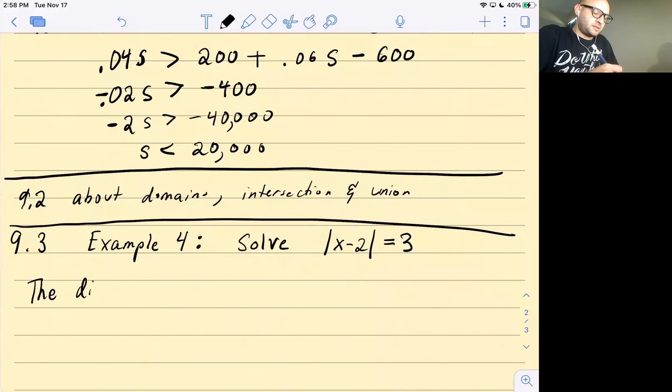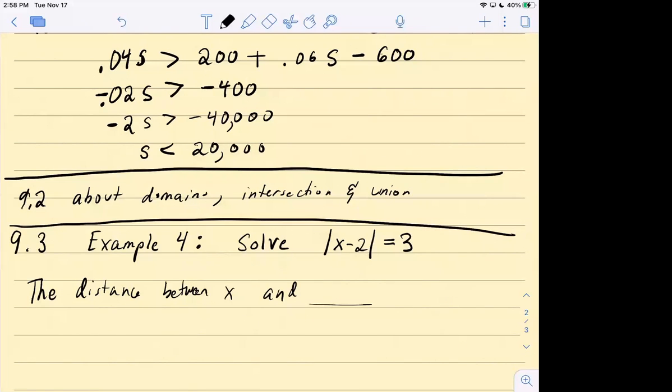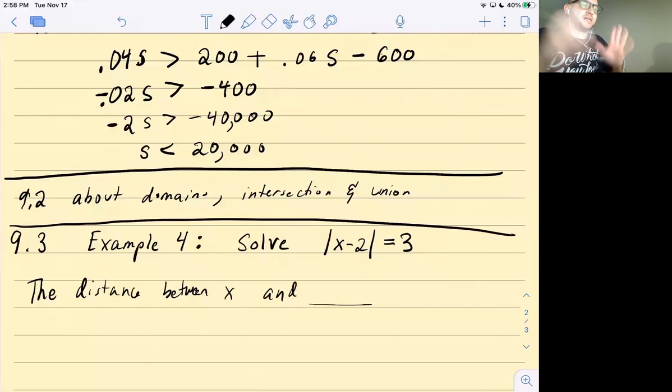The distance between x and, what should follow this? Would it be 2? It's just 2, exactly, because the minus sign tells you to measure how far apart they are.